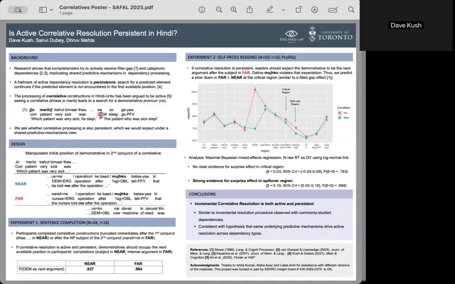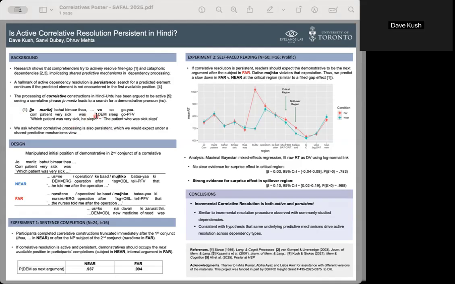In this work, we're following up on that, and we're asking if correlative processing is active, does it also display the hallmark property of persistence as well, which is what we would expect if we endorse the view that all processing of forward-looking dependencies engages the same kind of predictive mechanisms?